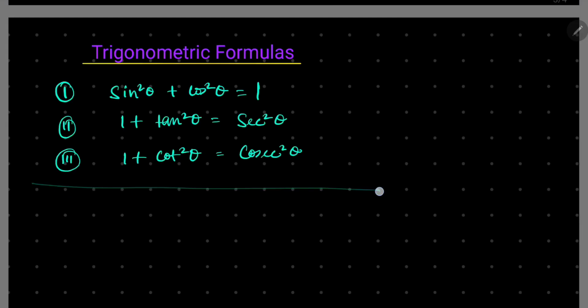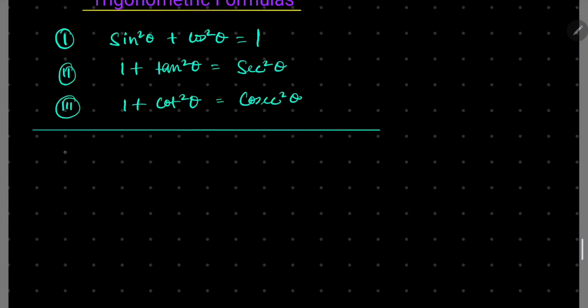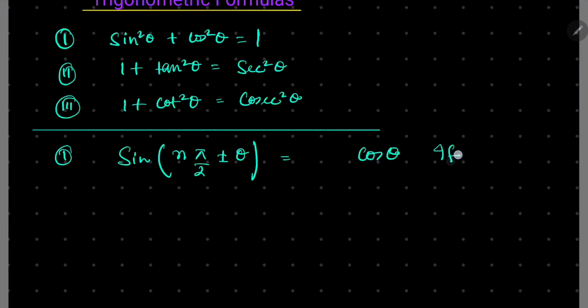Then the next category, reduction formulas. Number 1: sine of n pi by 2 plus minus theta equals cos theta if n is odd, and the sign will be according to the quadrant in which the angle lies.